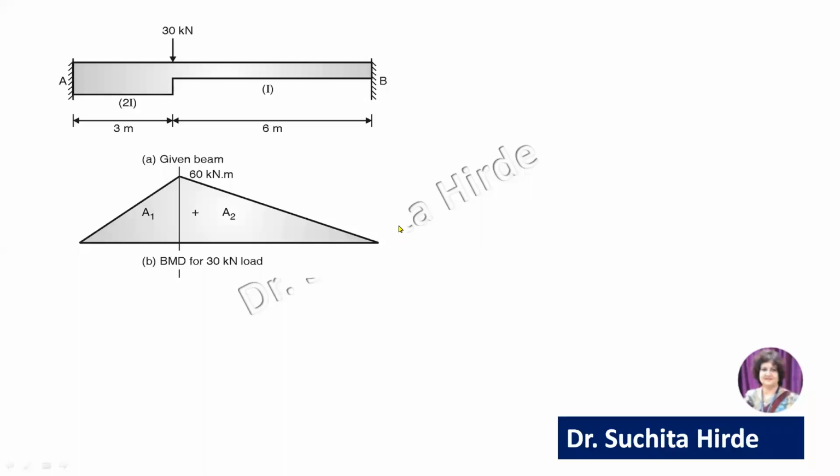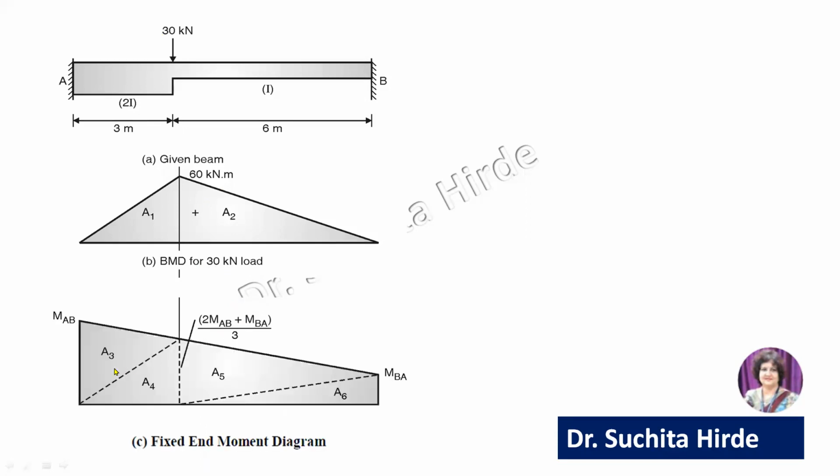While drawing this diagram, we consider it as a simply supported beam with a load of 30 kilonewton, and we have a standard formula, that is WAB by L. So it is 60 kilonewton meter for 30 kilonewton load. After that, we draw the bending moment diagram for fixed end moments.